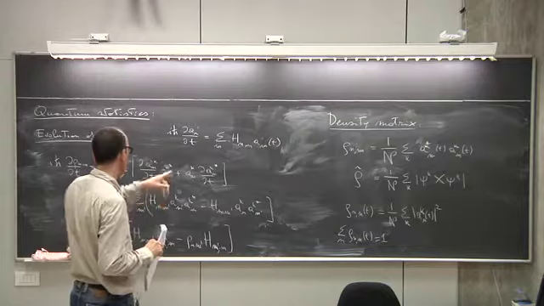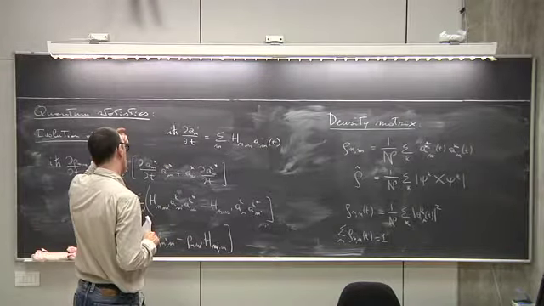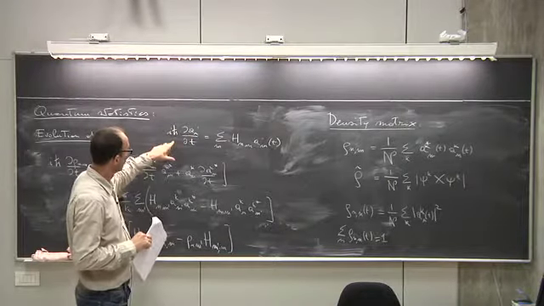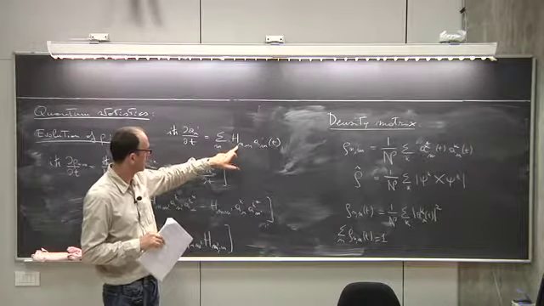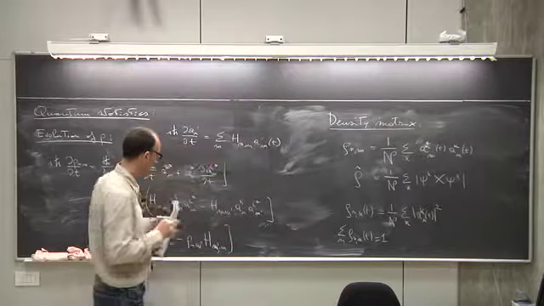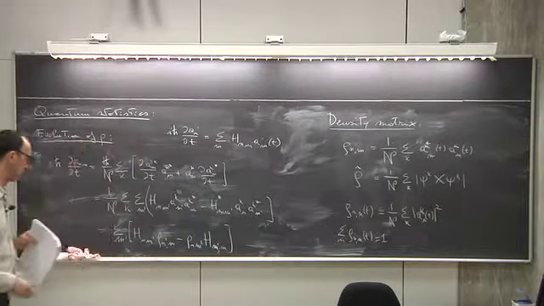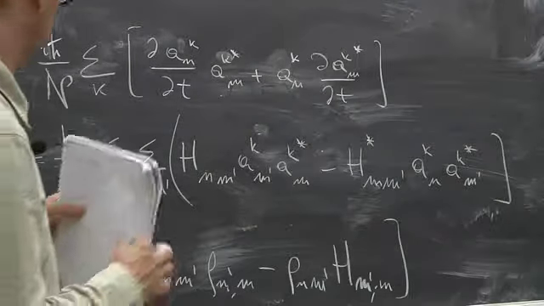Because when I take the complex conjugate of this, I have h star m prime, and this is h m prime m, okay, because h is a Hermitian matrix.